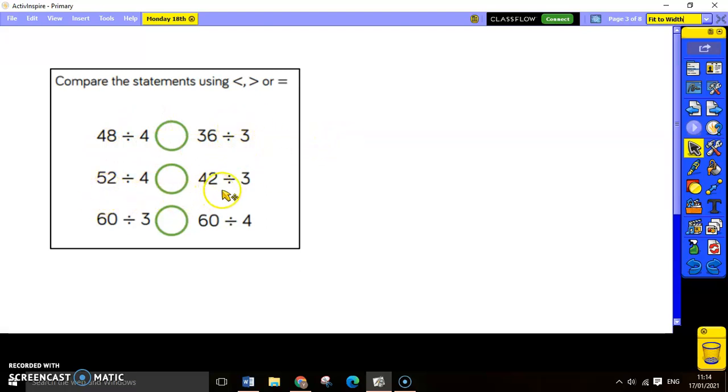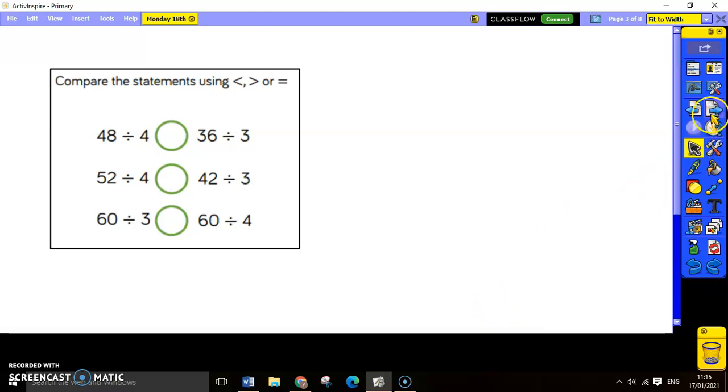But for the rest of them, you might need to do a quick bit of chunking to see if you can work it out. Actually, I wonder if you can do the one at the bottom without having to work it out, and then just doing your chunking method to check to see if you are right. There will be answers available for you, so don't worry about that. You will be able to mark your own. So pause the video here now and have a go at question number 1.